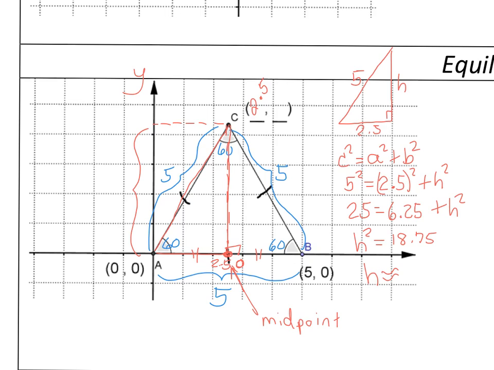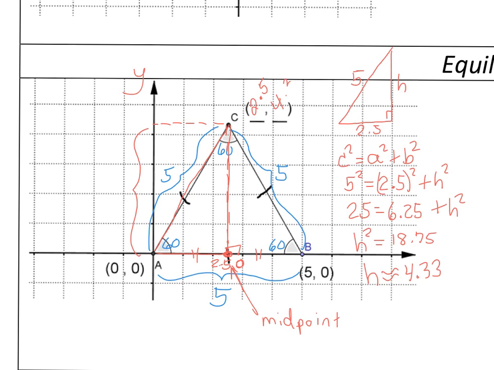That would be a decimal that goes on and on forever in a non-repeating pattern. So I'm going to approximate it with a decimal, and my calculator tells me that's roughly 4.33. So this height is going to translate directly into what that y coordinate is going to be.